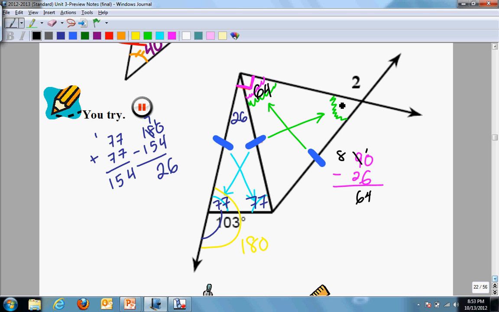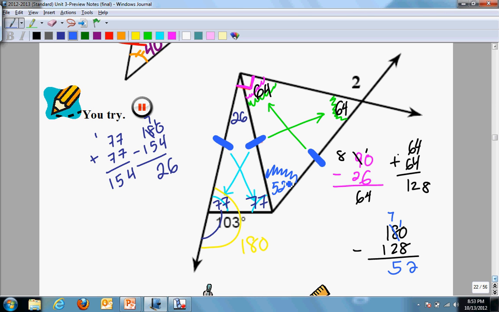That 64 over here must also be 64. You add 64 and 64, we get 128. 180 minus 128, and we get 52. This angle here is 52.